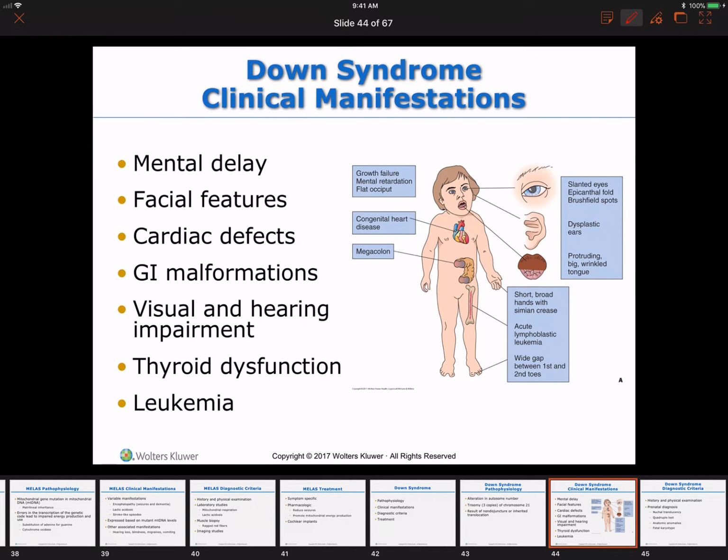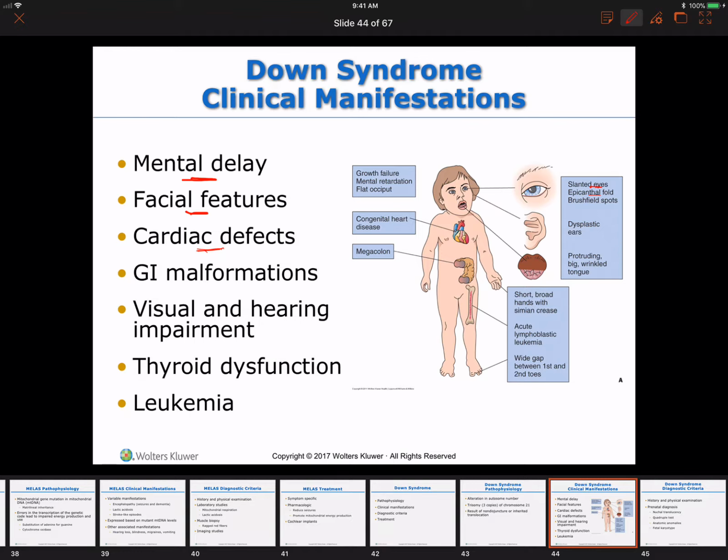Individuals with Down syndrome have a wide spectrum of symptoms, some of them related to mental development, brain development, unique facial features, so the slanted eyes, the epicanthal folds, cardiac defects, which usually involves defects in the septa.